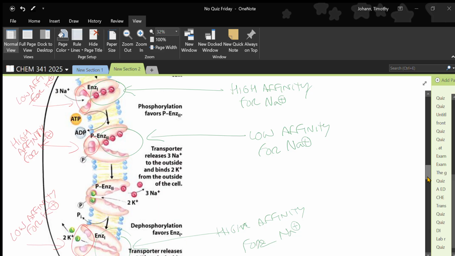So what's the net charge on the inside of a cell, of most of your cells, let's say? Well, not -1, but negative, because they're continually doing this. So your cells are more negative on the inside than they are on the outside because of this, and that's kind of the point of why this happens.